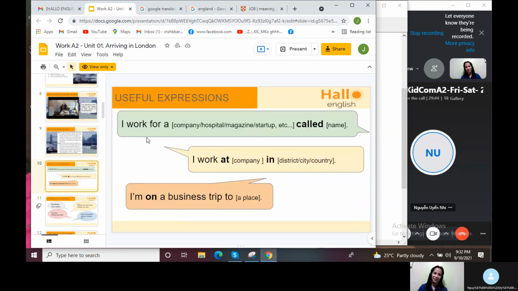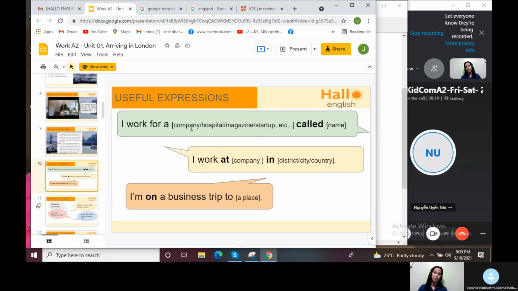Okay, so let's go to useful expressions. Can you read the first sentence? I work for a company, hospital, magazine, startup, called a name. I work for a blank called blank. So in describing yourself, you have to use these phrases.